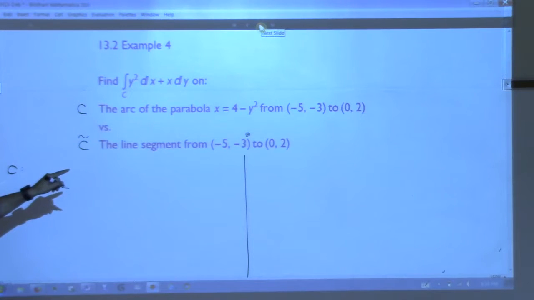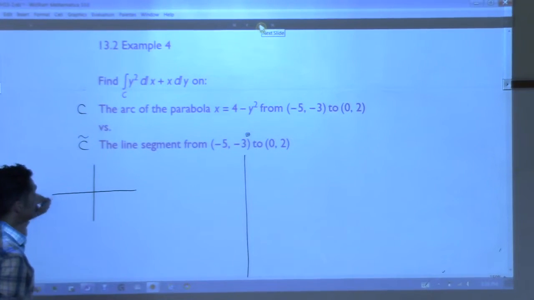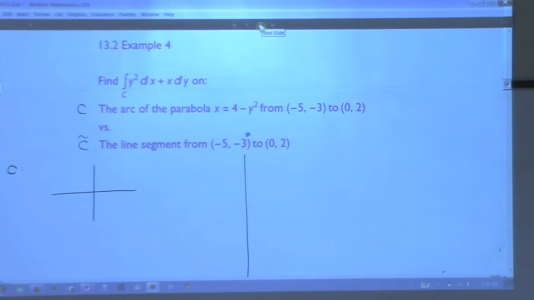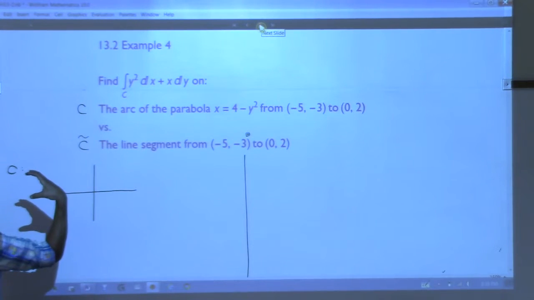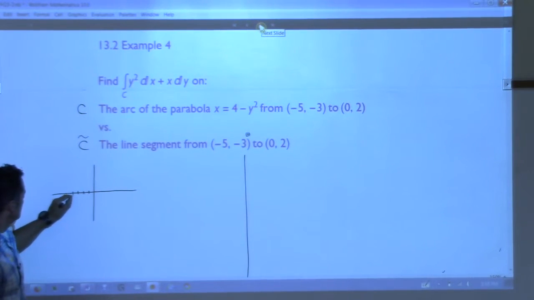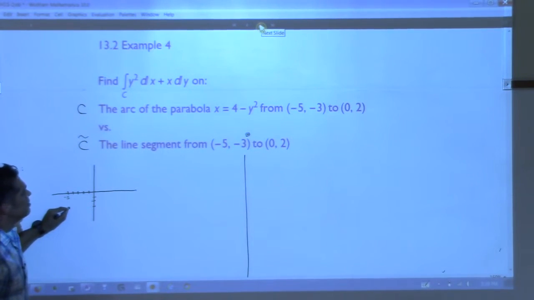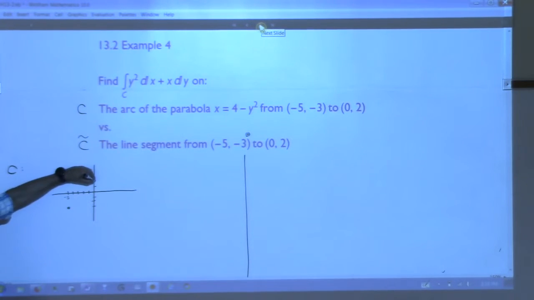I'm going to draw it first, and then you'll help me come up with the curve, the vector function. So this parabola opens which way? To the left, like this, okay? And it goes from the point -5, -3, -5, -1, 2, 3 here, to 0, 2, right there.